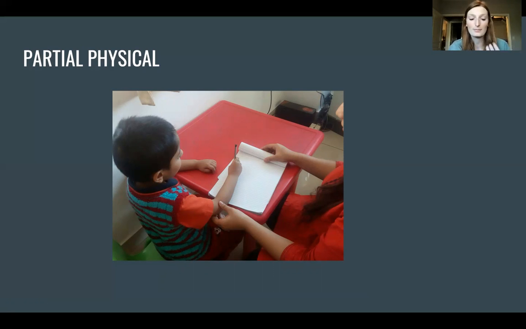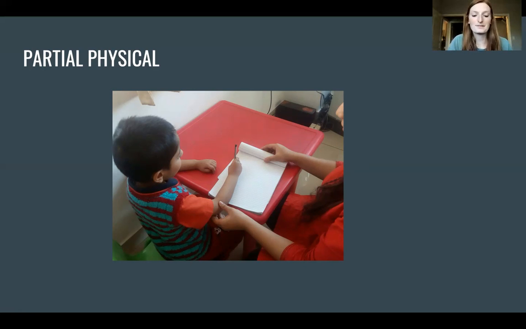Kind of a little reminder. So maybe if the student isn't holding their pencil correctly, somebody can tap on their hand and remind them to fix their pencil grip. So this is less intrusive than our full physical prompt, but as we go down that prompt hierarchy, it is getting more intrusive each time.